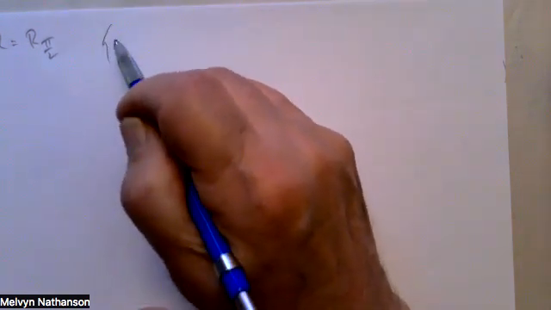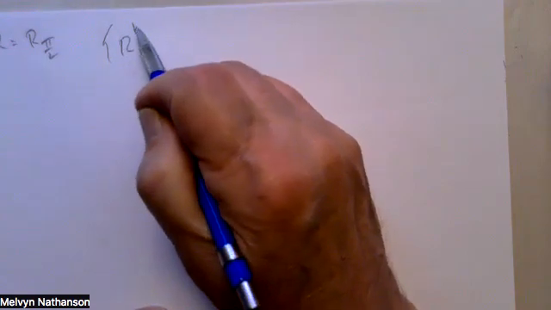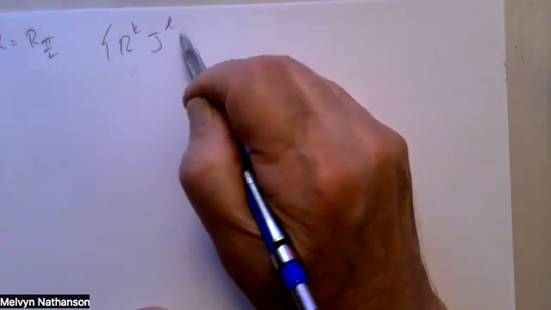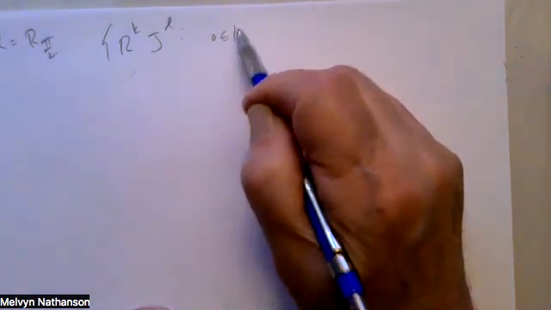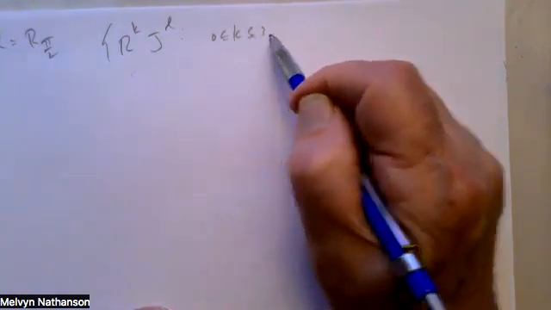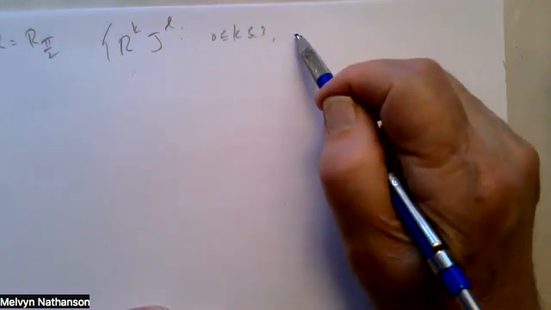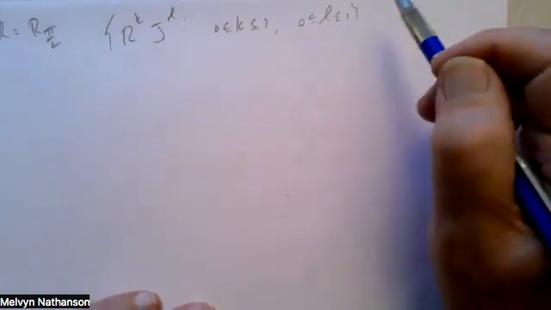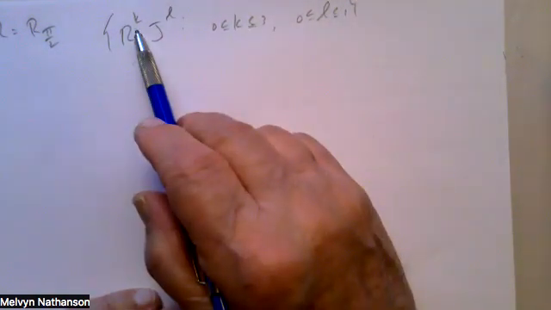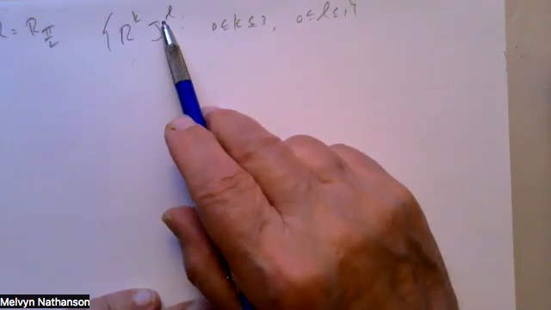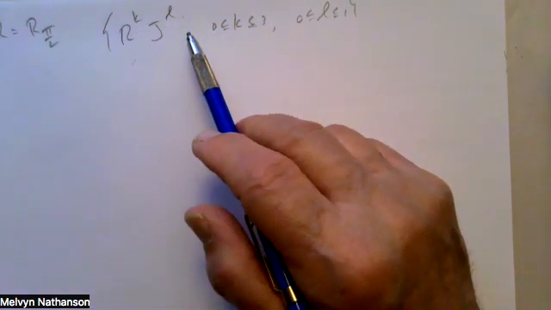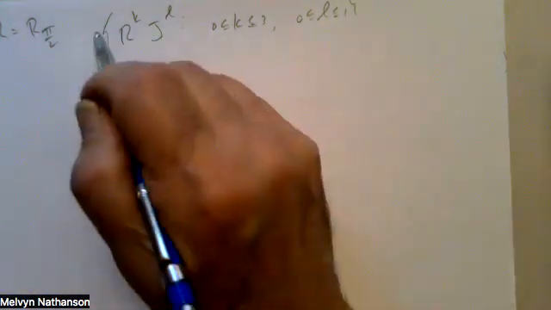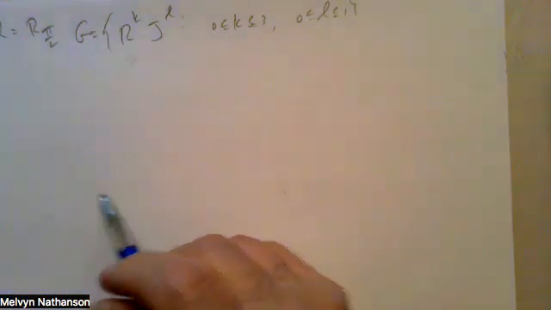Let's consider the set of r to the k, j to the l, where k runs from 0 to 3, and l, these are integers, 0 or 1. So we have 4 choices for k and 2 choices for l. So this contains at most 8 matrices. And let me call this G. I want to show this is a group.